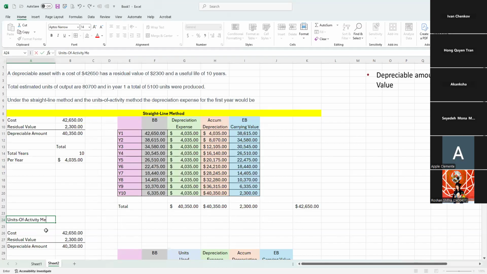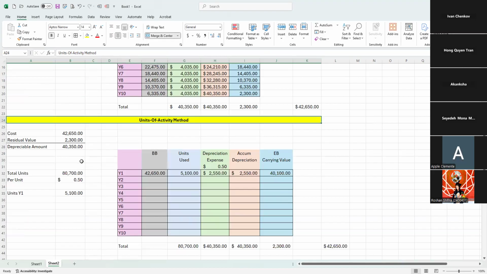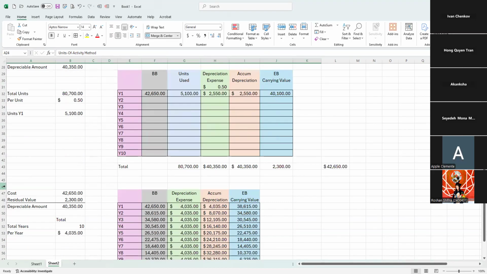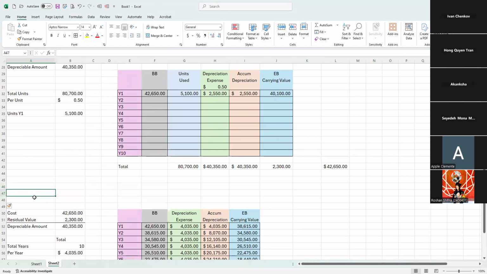Team method. And what method is left? Double Declining method, right? So now is it going to be double or triple? It depends, right? But let's put it declining.